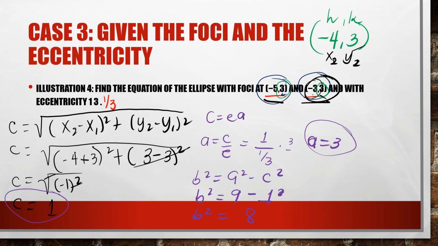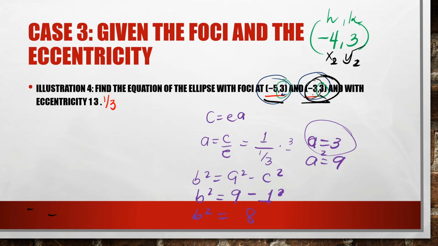Yun, nahanap na natin yung b squared and yung a squared. So, a squared is equal to 9. So, direct substitution na lang, x minus h. Yung h natin is negative 4.